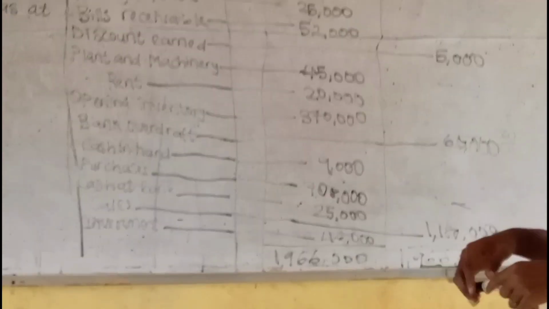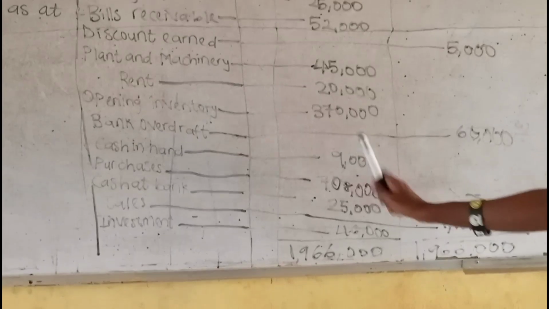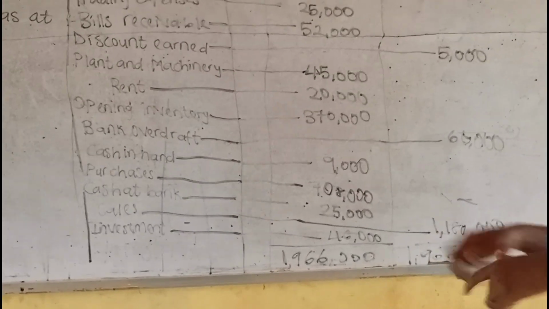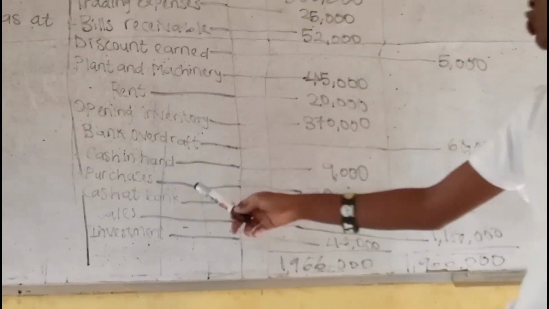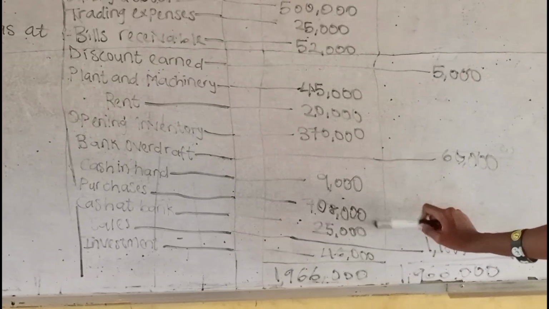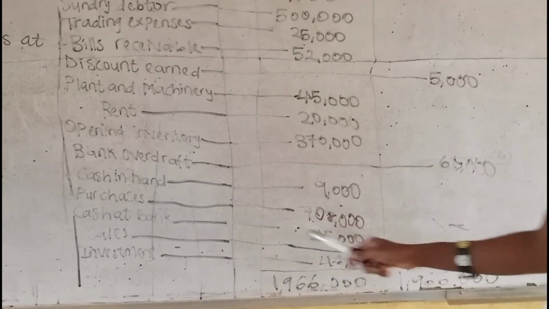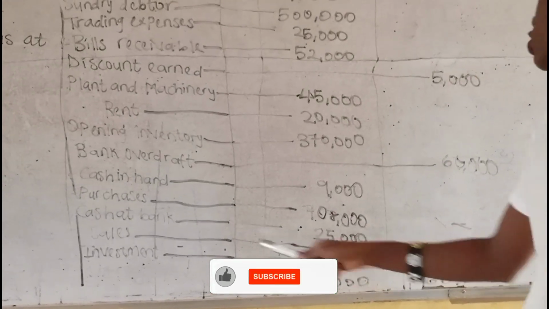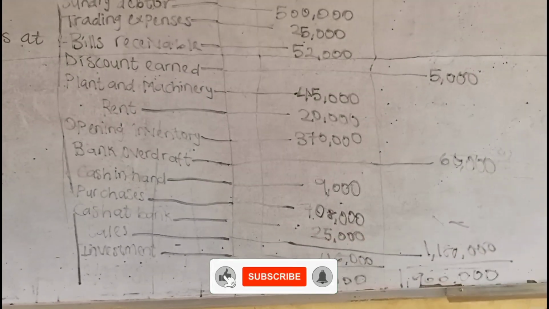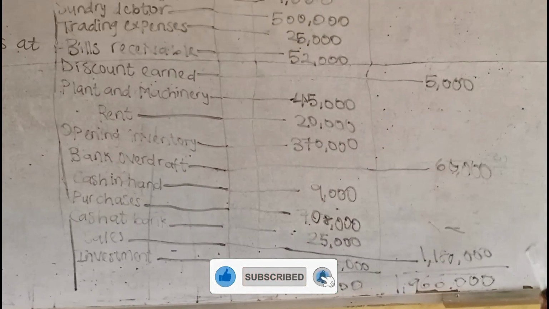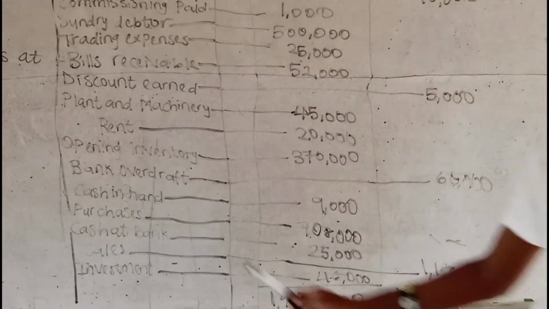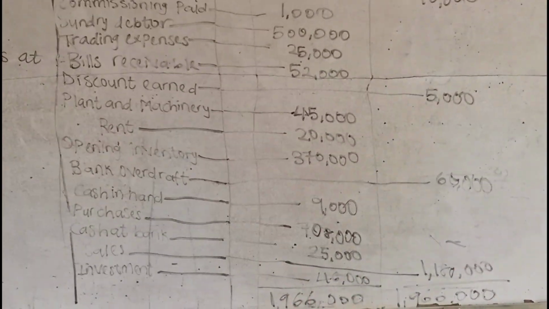Your cash in hand, when preparing your statement of financial position, also known as your balance sheet, is a current asset. You have 9,000 naira. Your purchases, you have 708,000. Your cash at bank amounting to 25,000. Your sales amounting to 1,118,000. Your investment amounting to 46,000.